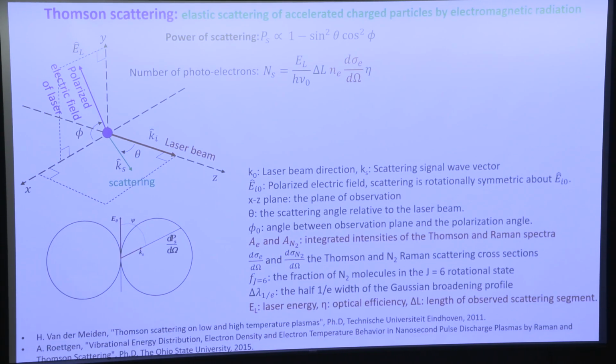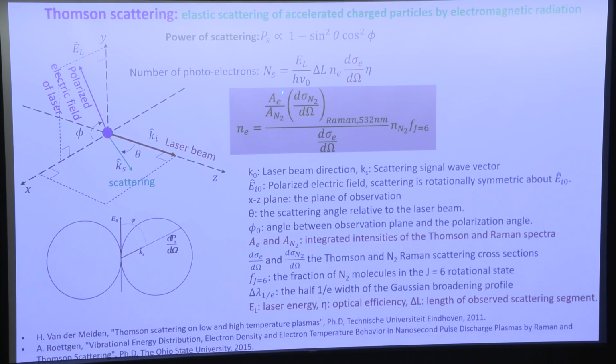Thomson scattering together with Raman scattering, you take a ratio of it, and it can cancel many of these things. So the electron number density is proportional to the signal of Thomson scattering normalized by Raman scattering, with the Raman scattering cross-section area, which you know, and the cross-section area of Thomson scattering.